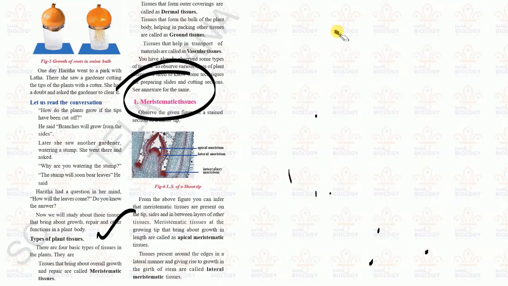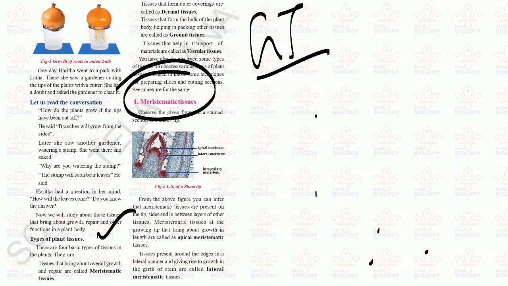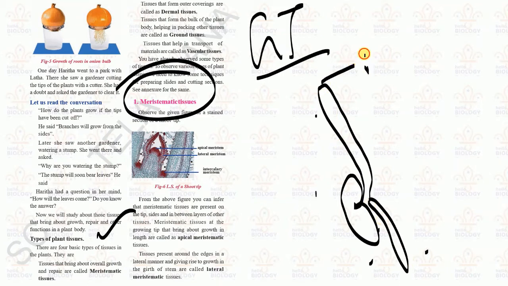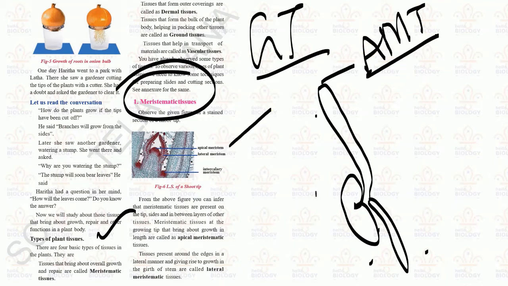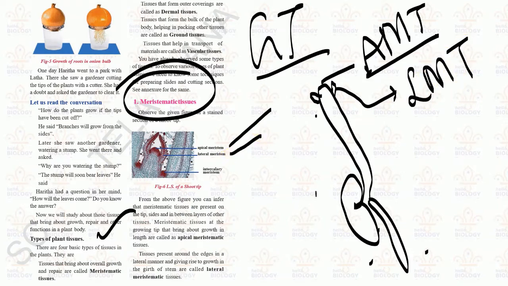This meristematic tissue is otherwise called growing tissue or growth tissue, and it consists of 3 parts. What are they? First is the growing part, where any plant grows, called apical meristematic tissue, or in short apical meristem. The next, if you see sideways where it grows, is called lateral meristematic tissue, or lateral meristem.